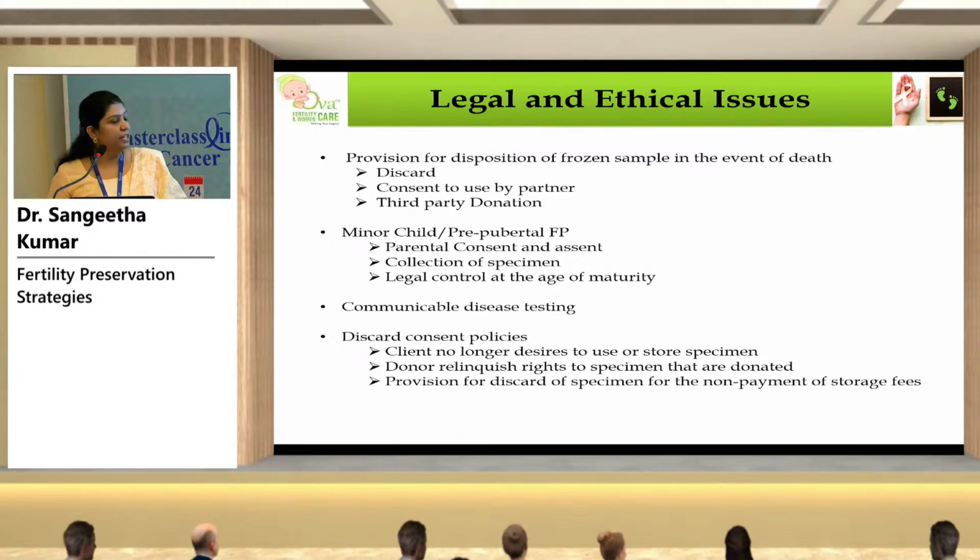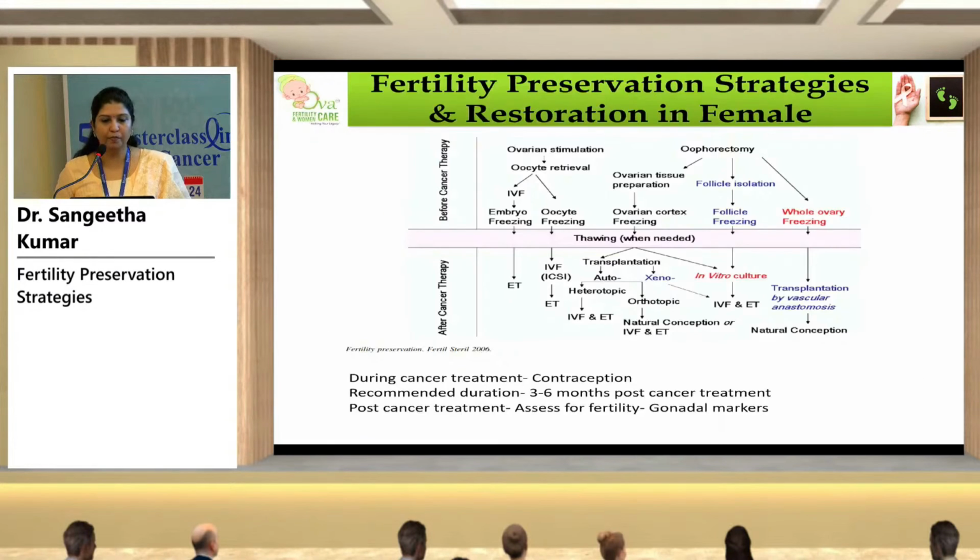And they all should be tested for communicable disease. Discard consent policies should also be there in long-term freezing, when the client no longer desires to use the stored embryo or donor relinquished rights to specimens that are donated, and provision for discard of specimen in case of non-payment of storage fees. So all these things should be addressed in the consent form.